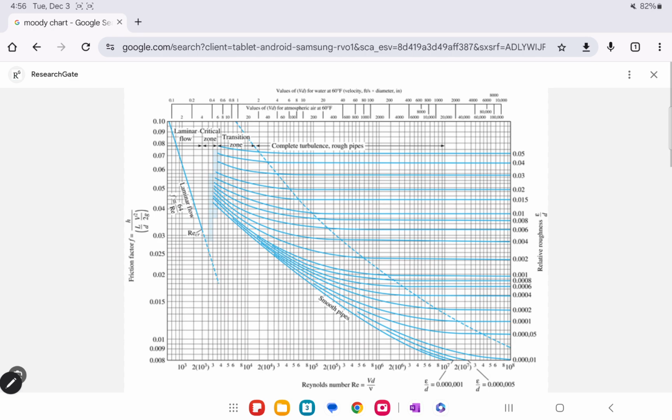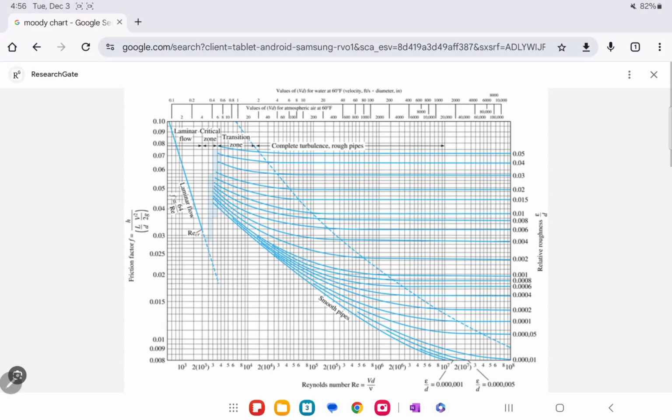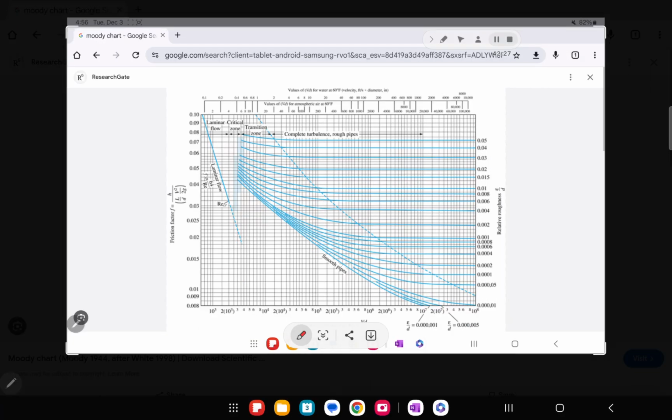Okay, here you can see the Moody diagram. We had a Reynolds number of 3.8 10 to the power 5, somewhere here, for example near this line.